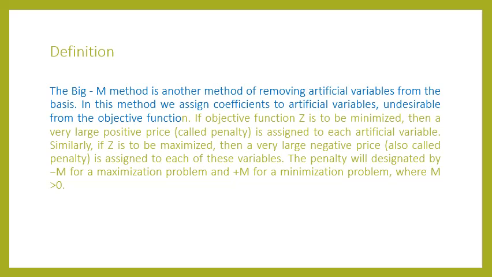If the objective function z is to be minimized, then a very large positive price, called a penalty, is assigned to each artificial variable. Similarly, if z is to be maximized, then a very large negative price, also called a penalty, is assigned to each of these variables.